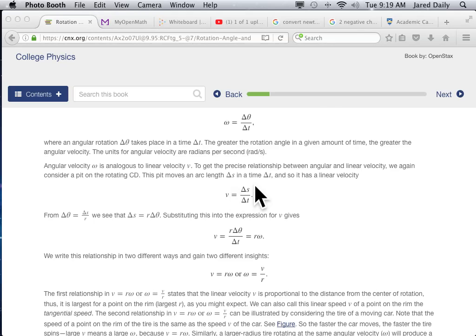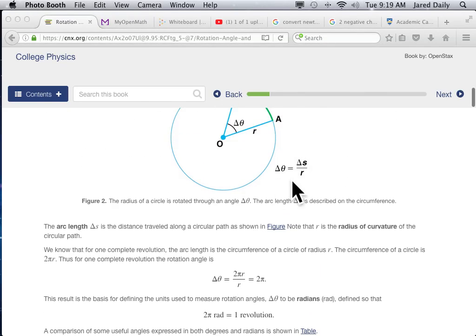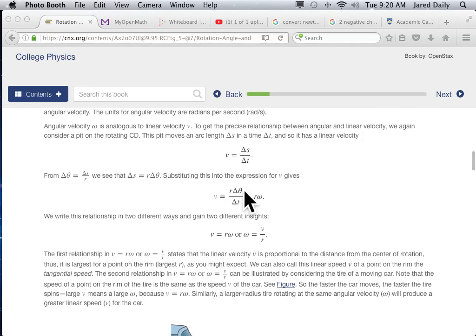But delta s can be written as r times delta theta, because if we rearrange the equation and multiply by r on both sides, we get delta s equals r delta theta. So we have r times delta theta over delta t equals the speed along the edge of the circle, which is the same as r times omega.